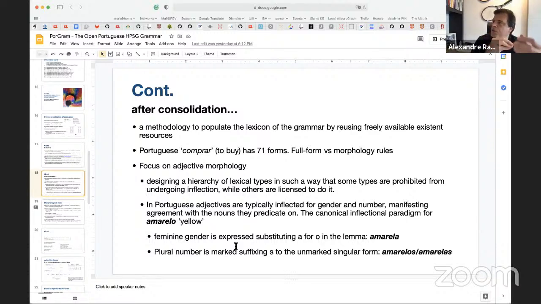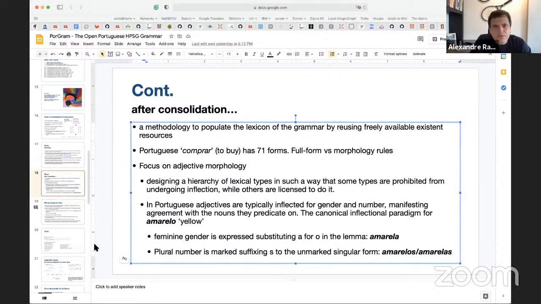We have a way to encode the morphotactics, but we also have to deal with the irregular forms, and the irregular forms are listed explicitly in a file. So the work was to check the dictionary, identify if we are dealing with regular or irregular, and fill the appropriate parts. I'm moving a little bit fast just because of the time.